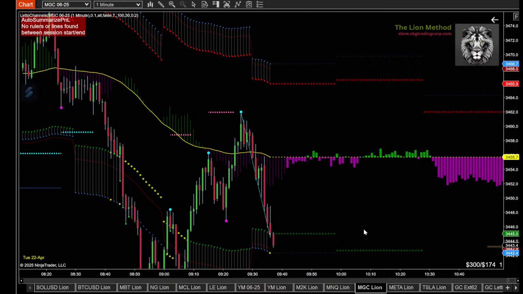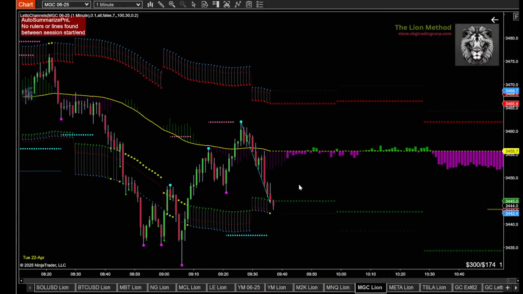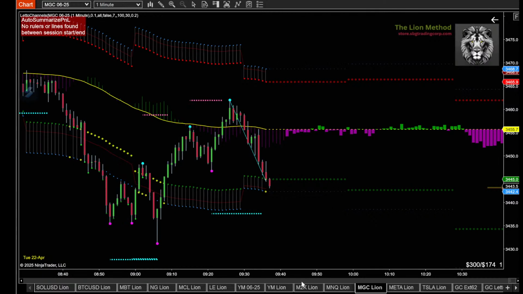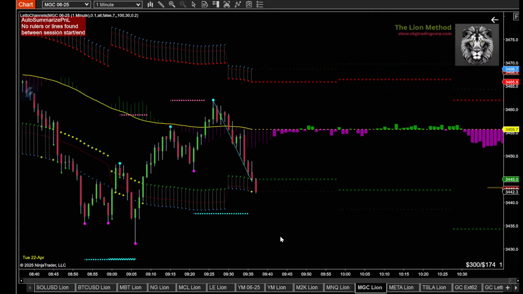All right, gold. We are oversold right now. We're going to look for an extension 62 dot to print. That's our goal. That is our next step. First step, get overbought, oversold. Second step is to wait for an extension 62 dot to print somewhere in this area.